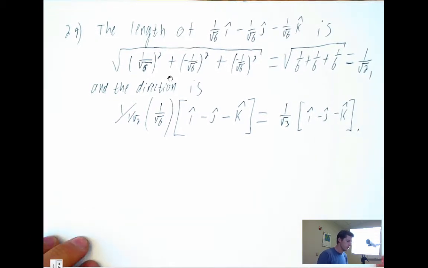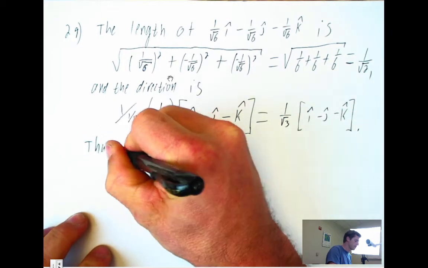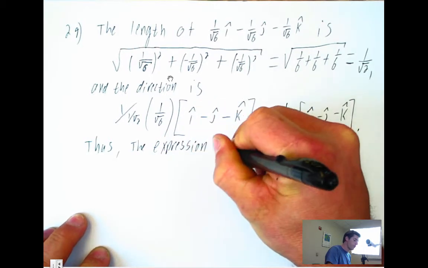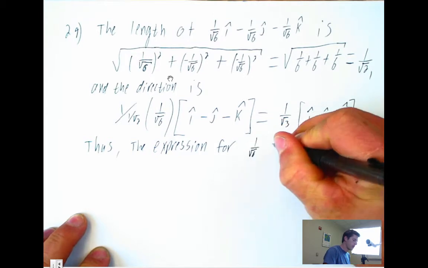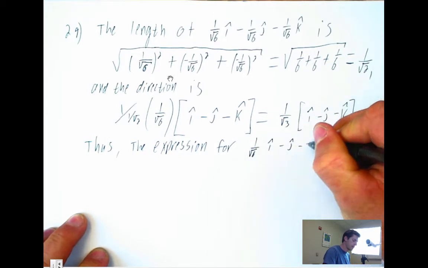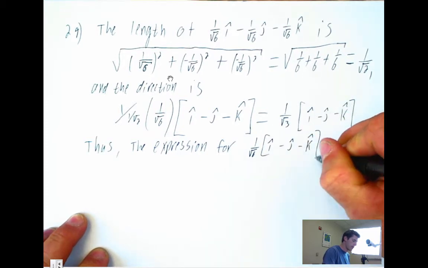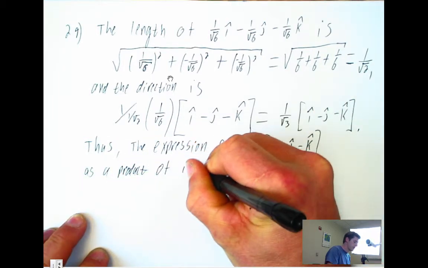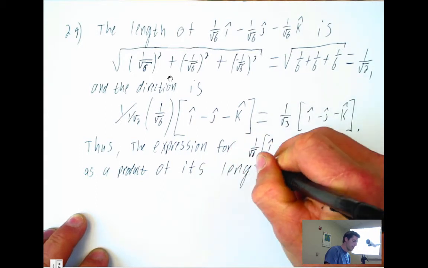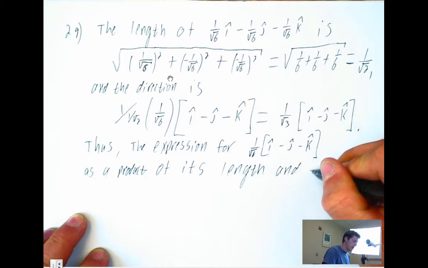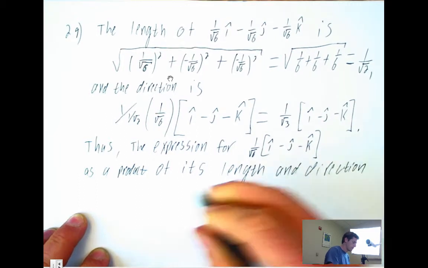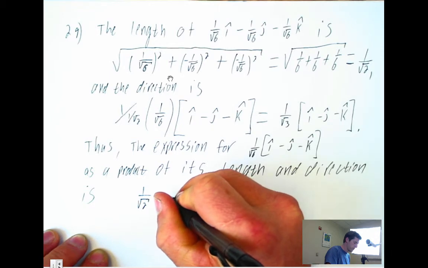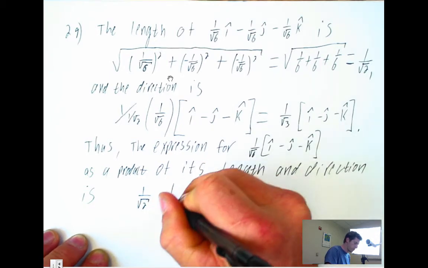Okay, just to drill this into my head, thus, the expression for 1 over square root of 6 times (i hat minus j hat minus k hat), in parentheses there, as a product of its length and direction is the length, 1 over square root of 2, times the direction, which is 1 over square root of 3 times (i hat minus j hat minus k hat).